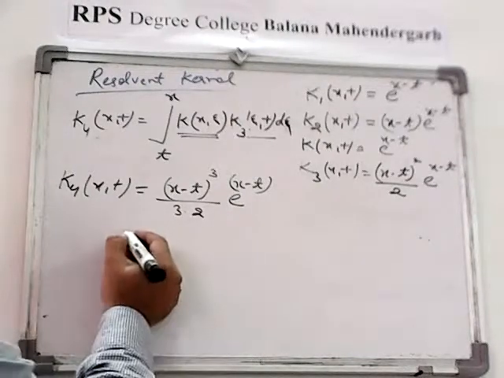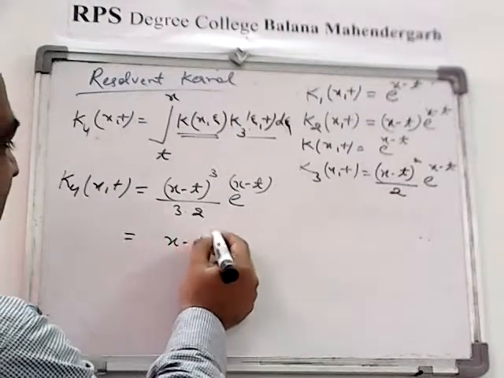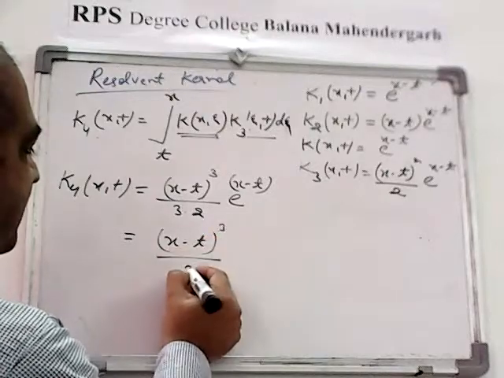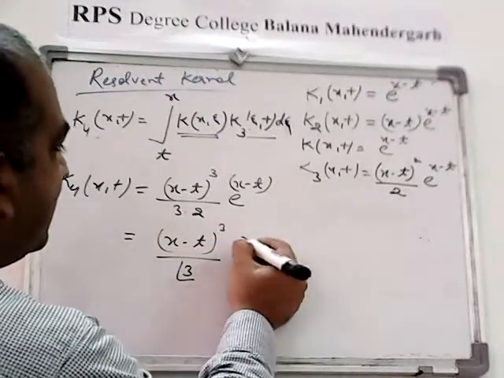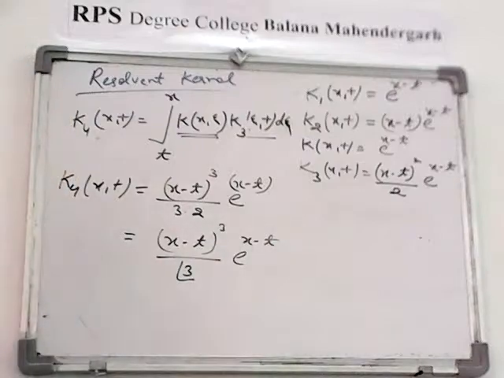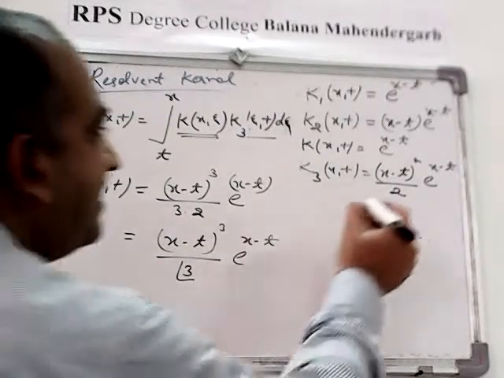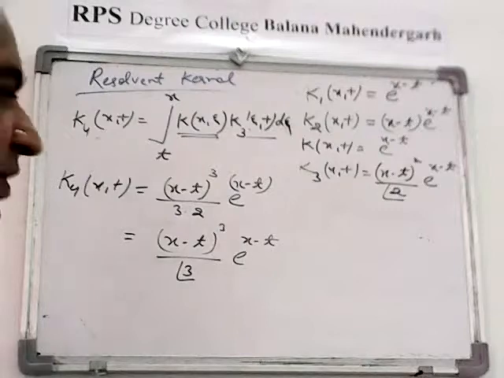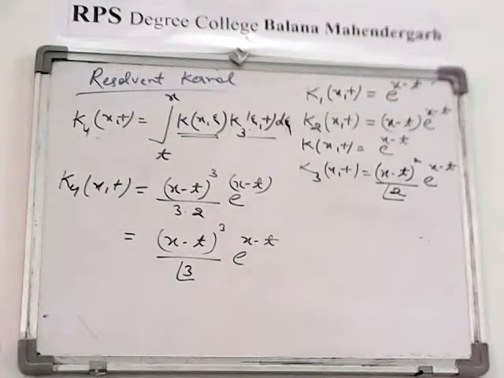So we can write this equation as (x minus t) whole cube divided by 3 factorial and e raised to power x minus t. In the similar manner, we can write it here as 2 factorial, because 2 can be written as 2 factorial.